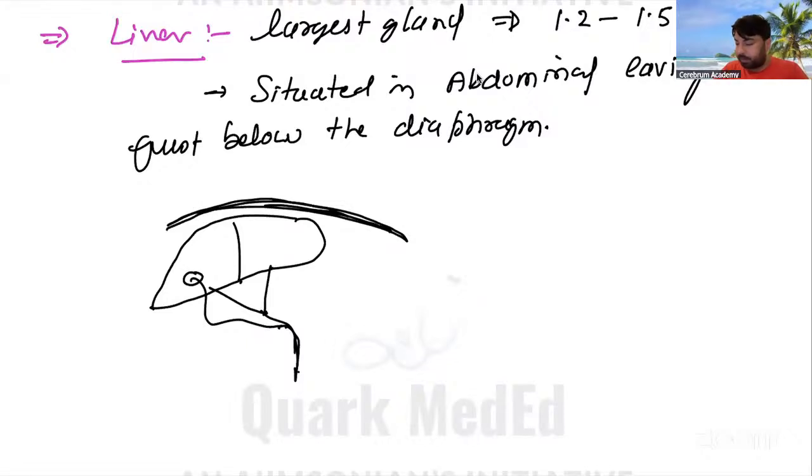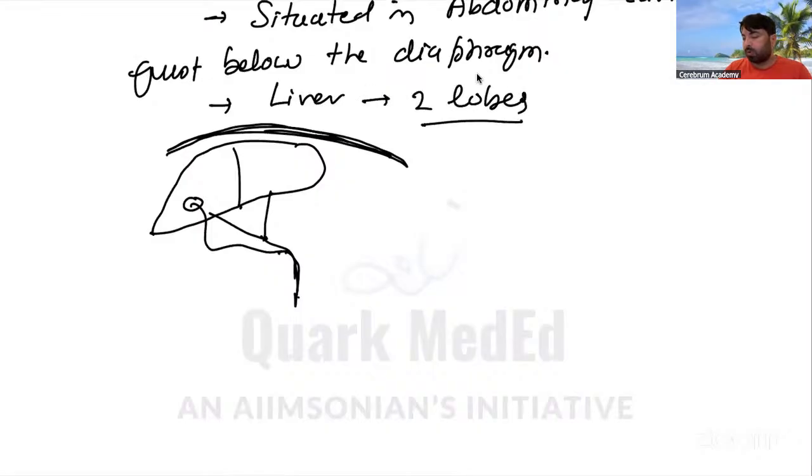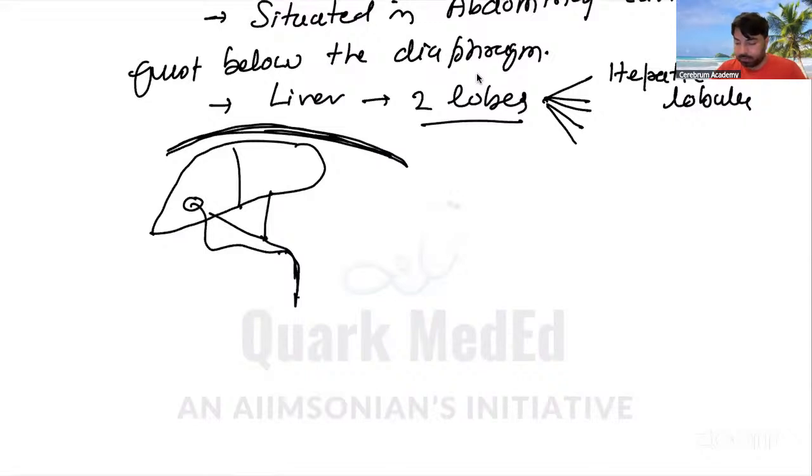So the liver has two lobes, and each lobe is divided into many small segments. They are called hepatic lobules.